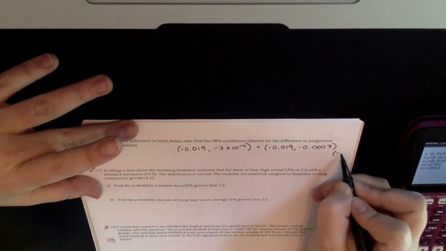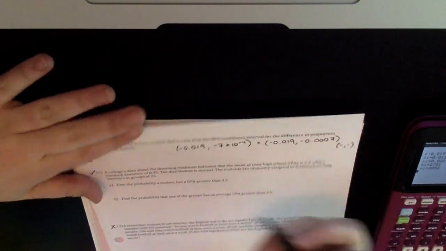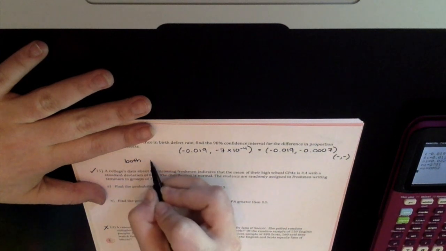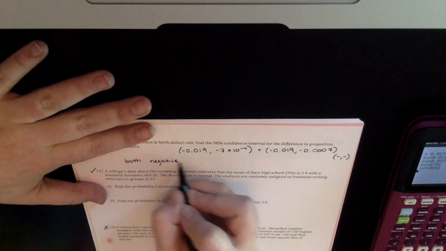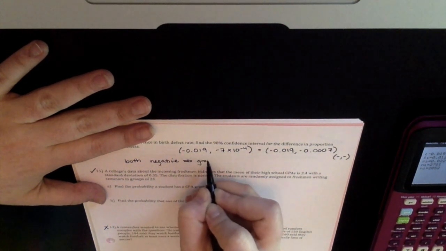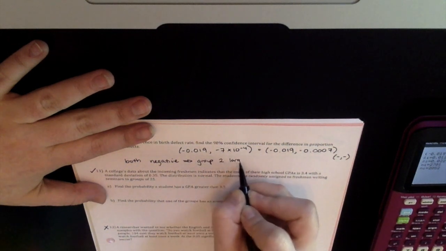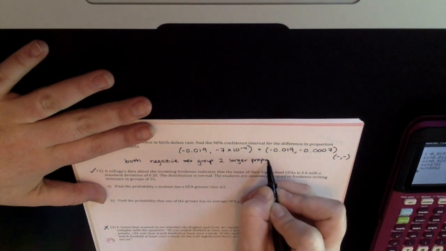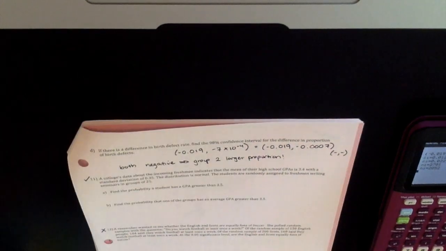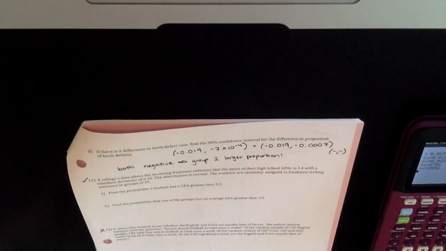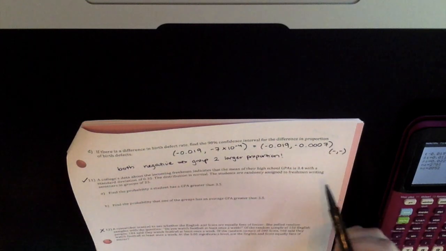Both values are negative, meaning group 2 was the larger proportion. So this also matches the results of the test, saying that we found evidence of a change. Okay, there's no 0 in the interval, remember.